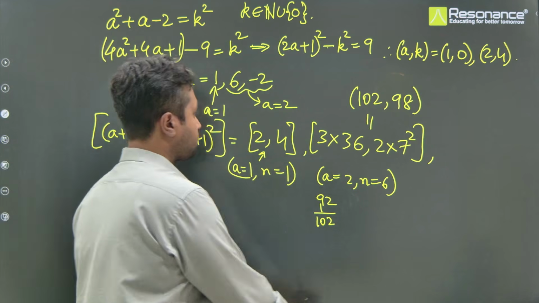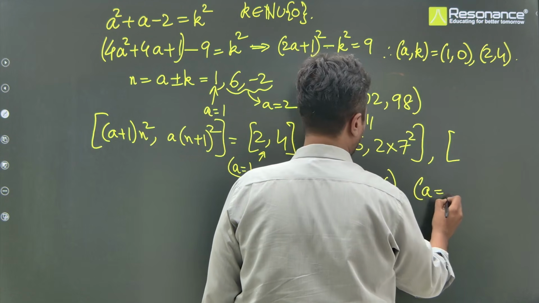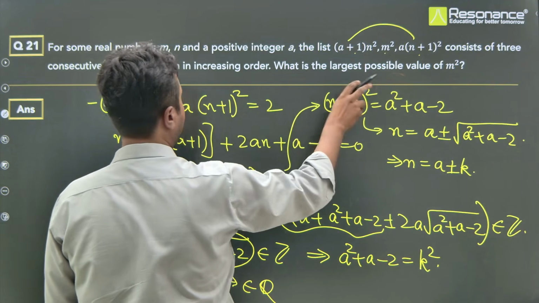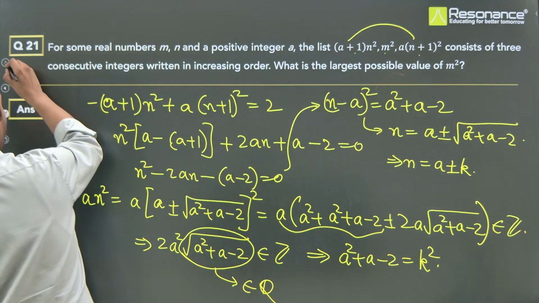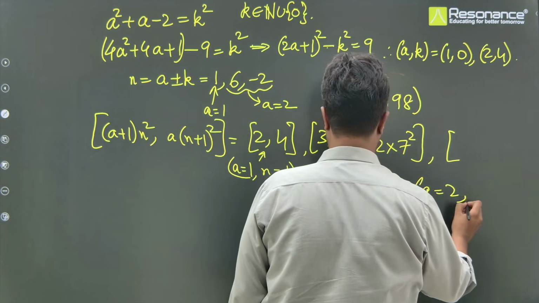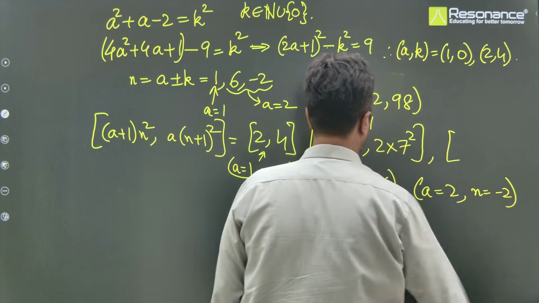The other one should correspond to a equal to, I think there's some limit on a or anything. No, nothing like that. In the last case, a is equal to 2, n is equal to minus 2.